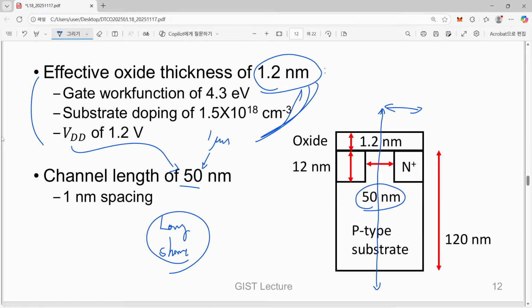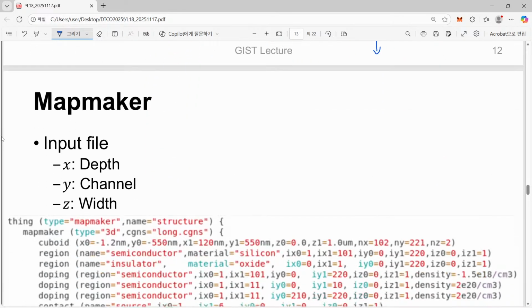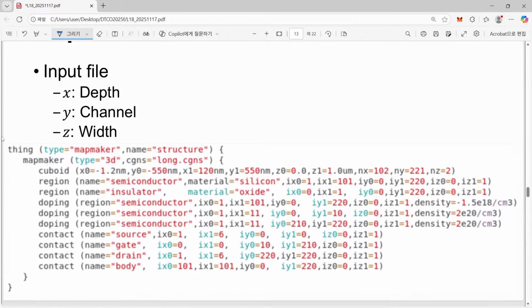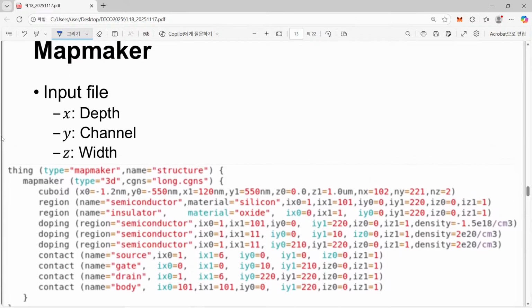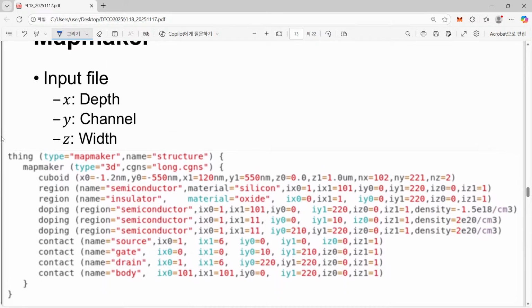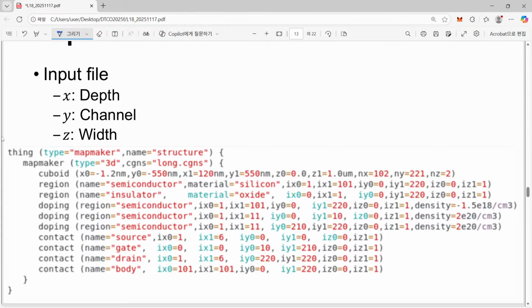Okay, so now please make it once again. You can do it by yourself, but anyway, please be careful. I think that I have a long file.